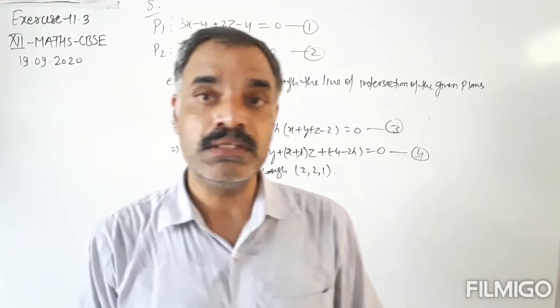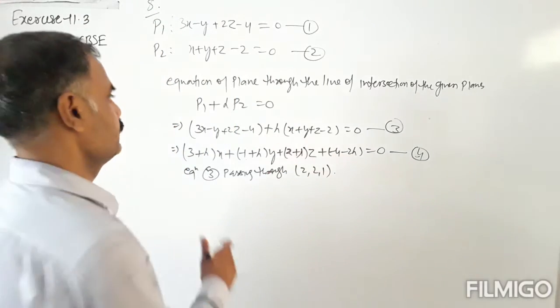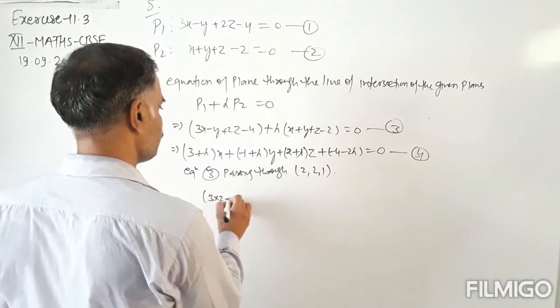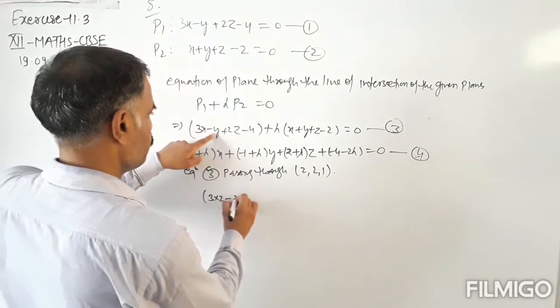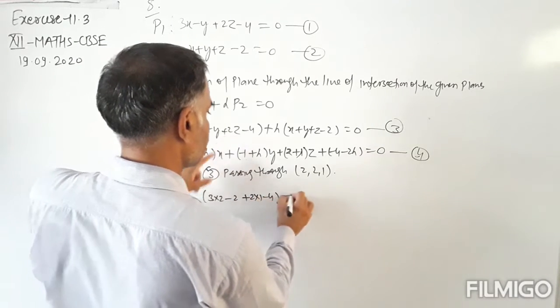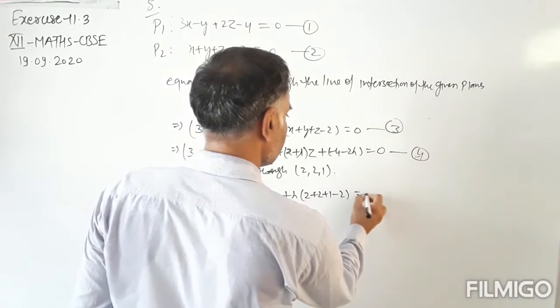Putting (2, 2, 1) in equation number 3: 3 into 2 minus 2 plus 2 into 1 minus 4 plus lambda into (2 plus 2 plus 1 minus 2) equals 0.